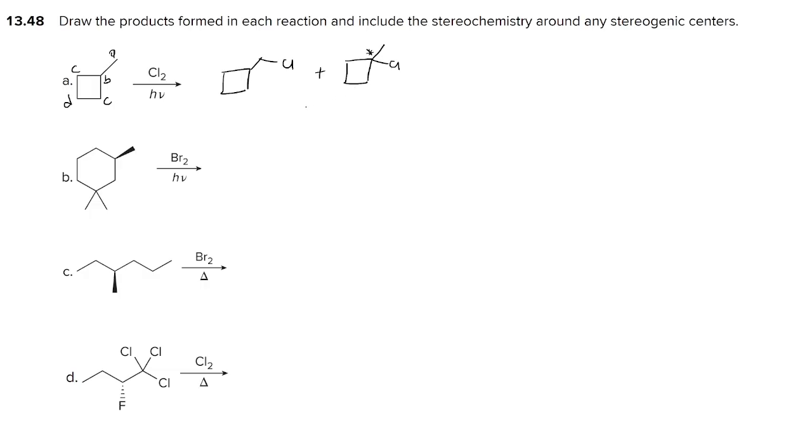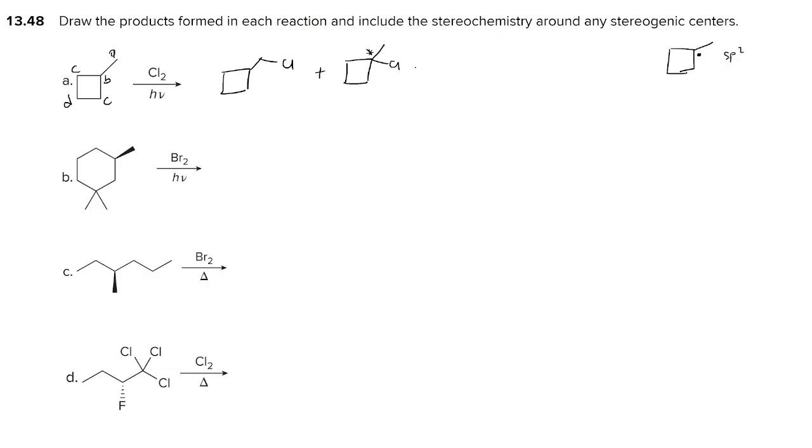We know that this reaction proceeds through this radical intermediate, and the radical centers are sp2 hybridized and planar, so addition of chlorine can happen from both faces, up or down. For that reason we can have both stereoisomers.